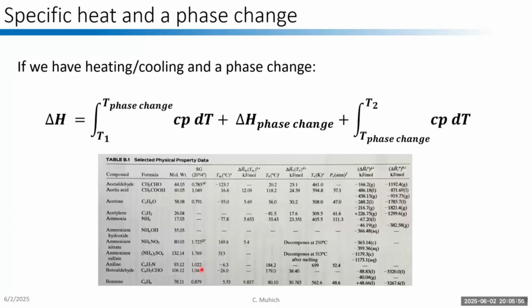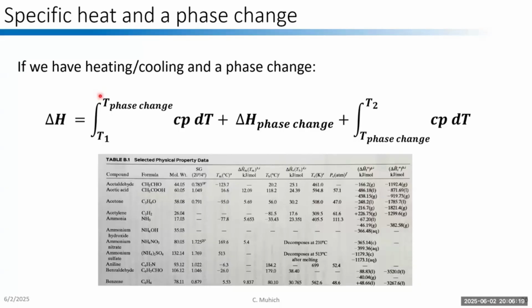All right, so if I go through, and we saw this a little bit before, if I have heating that's going to send me through a phase change, I can't use just the heat capacity of the liquid or the gas, or the solid and the liquid.